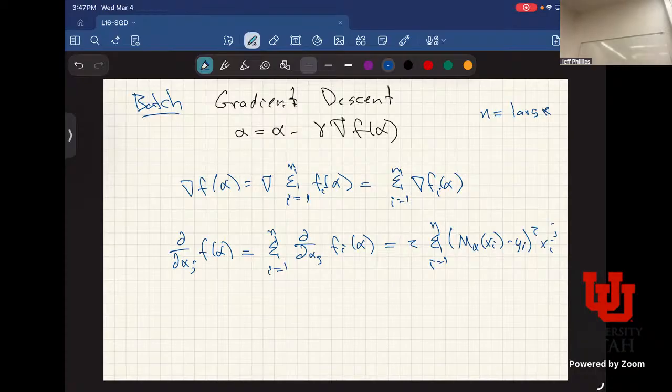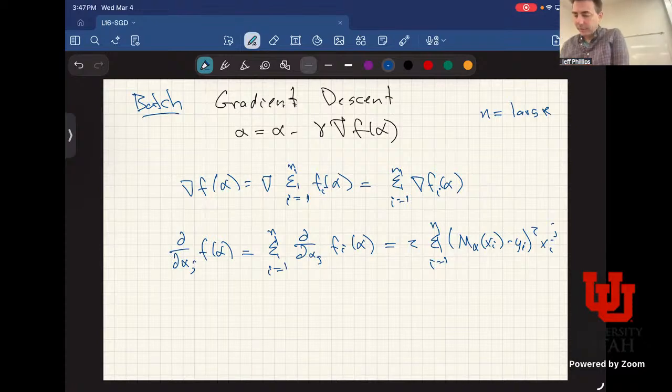Remember, we derived this through the least mean squares update rule, the Widrow-Hoff result, that we could write down the gradient in this way: the sum of the squared errors times the value of the data point.